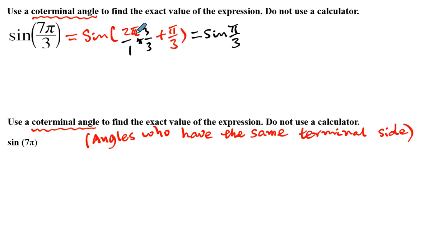If the angle is this big, 60 degrees, and you can rotate another 360 degrees, which is 2 pi, you get the same angle.